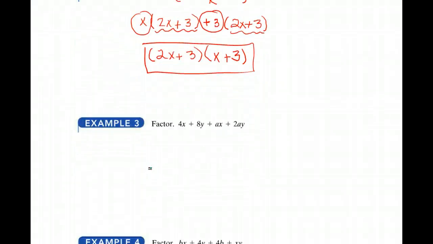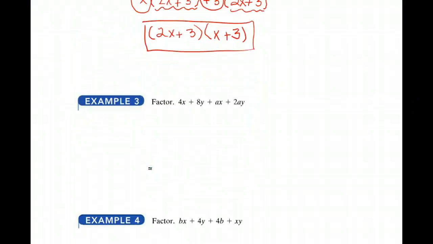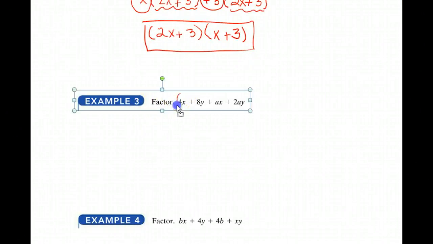Let's take a look at another example. Remember, we always want to start by taking parentheses and putting them around the first two terms and the last two terms. When we have 4 terms like that and we see that there's nothing that we can factor out of every single term, we can use factoring by grouping.